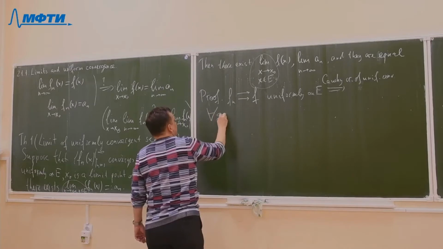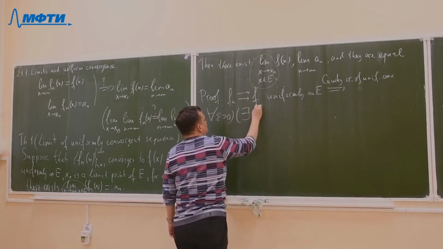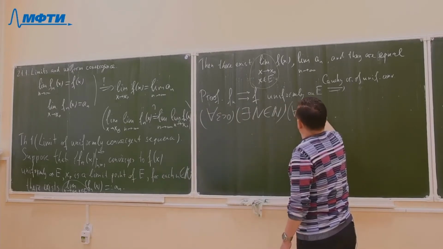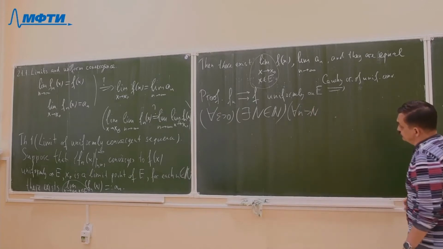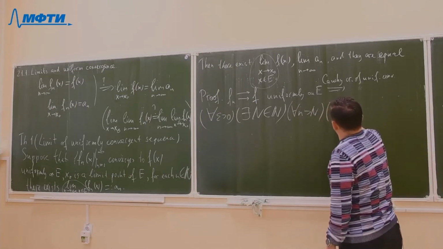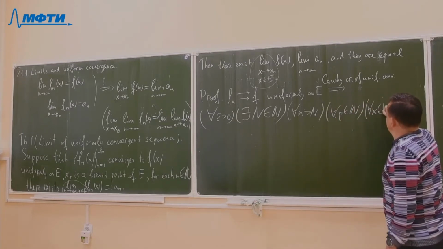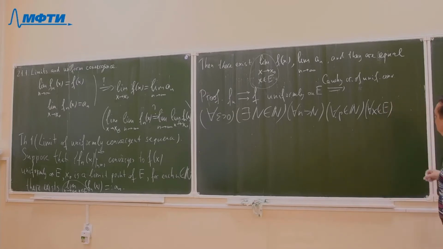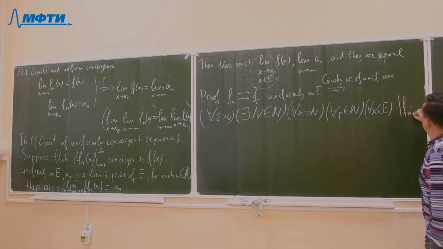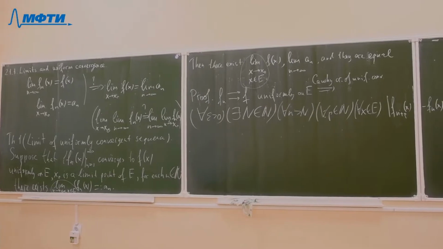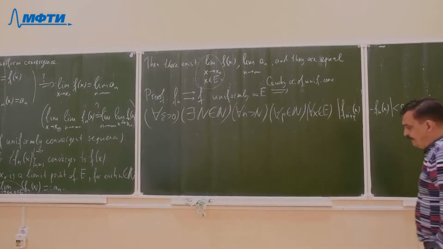For arbitrary epsilon greater than 0, there exists a natural number capital N such that for all n greater than capital N, for all natural p, for all x in E, we have the inequality |f_{n+p}(x) - f_n(x)| < epsilon.